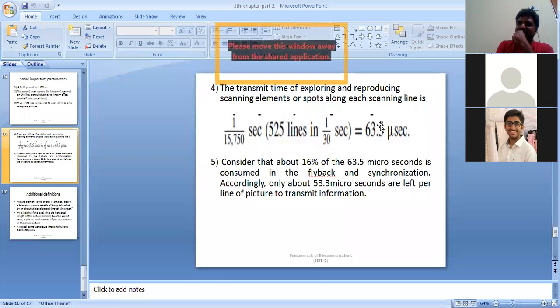Imagine 1 second itself is such a small time, a quantum of time, and you divide it into micro. Micro means how much? 10 power 6. So 1 second is divided into 10 power 6 parts. In that, only about 60 parts are utilized for scanning one horizontal line. Please appreciate this technology, which we are major stakeholders of.